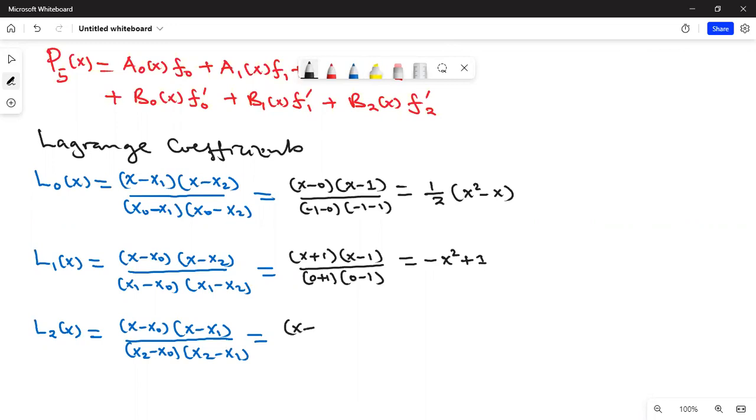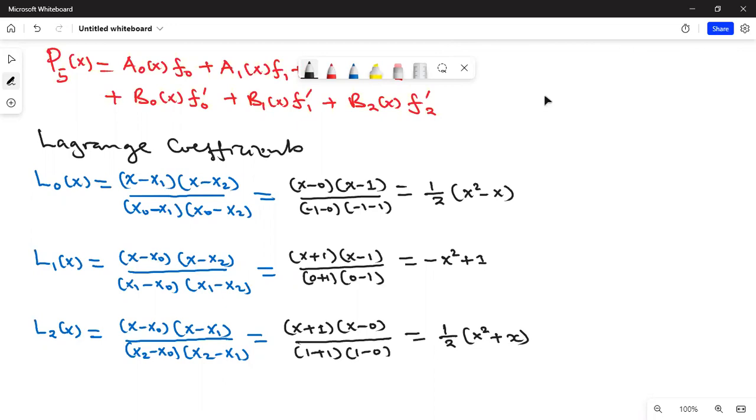We'll have x minus -1, so that's x plus 1, times x minus 0. Our x2 is 1, so 1 plus 1 into 1 minus 0. When you work it out, you get 1 over 2 times (x squared plus x).